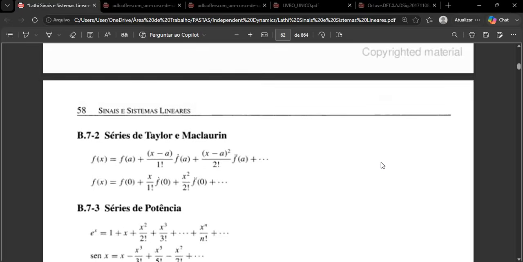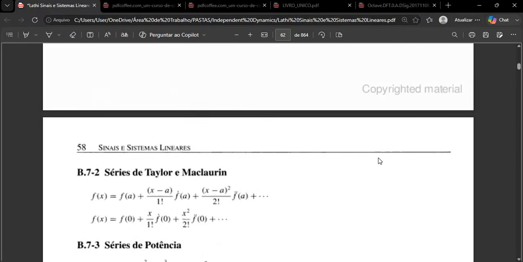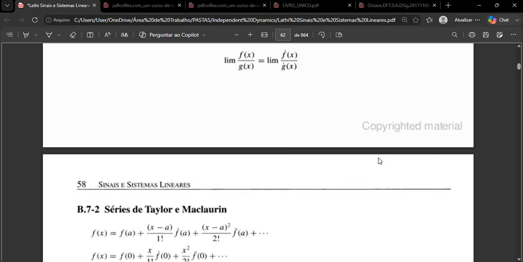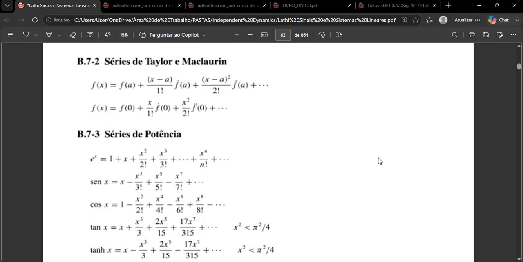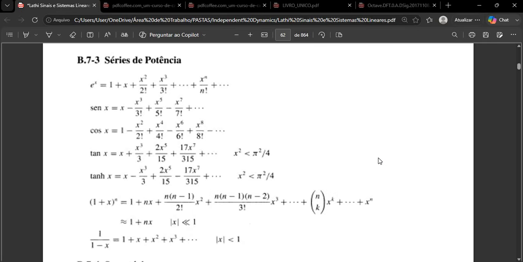Let's jump to power series, and then we can cover this. We do not necessarily need to cover it in the order that is given. So let's start from power series.